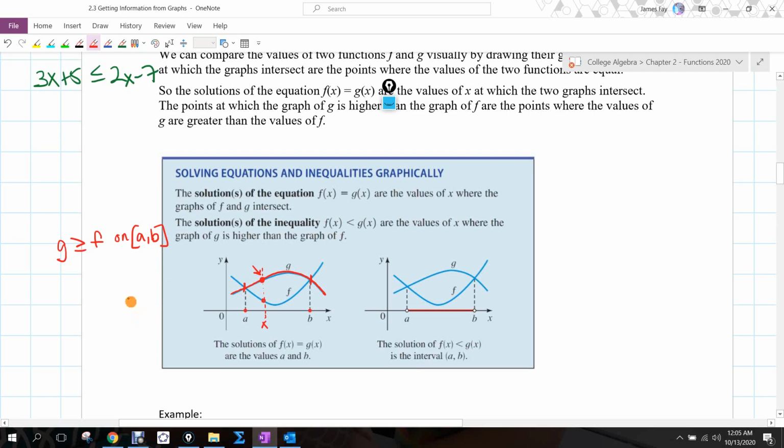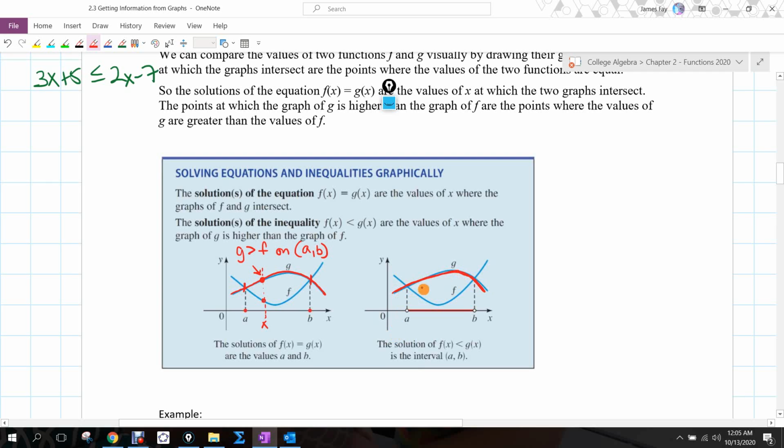Now, the way that makes the most sense to write this is: g is greater than f on the open interval a to b. That means I don't have greater than right on a or right on b. Let's continue to look at this as the red one.